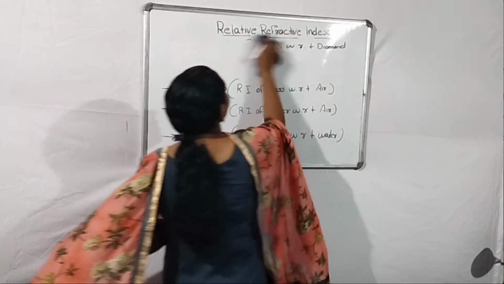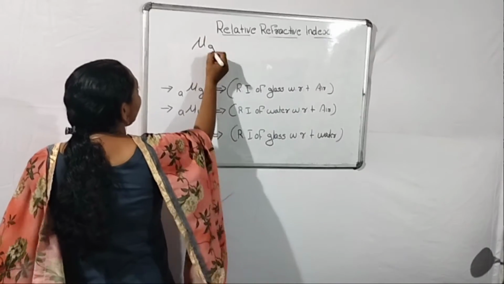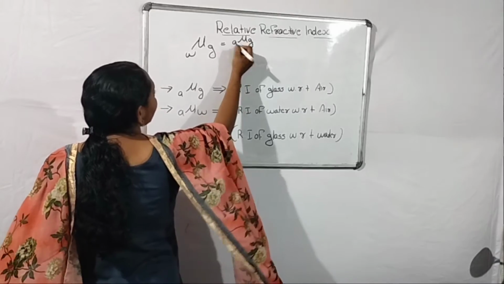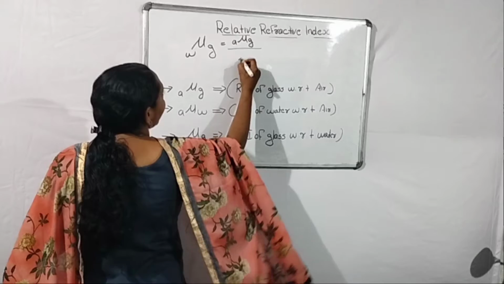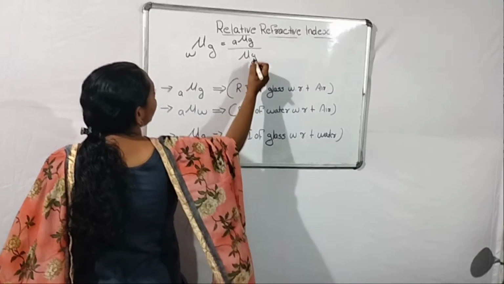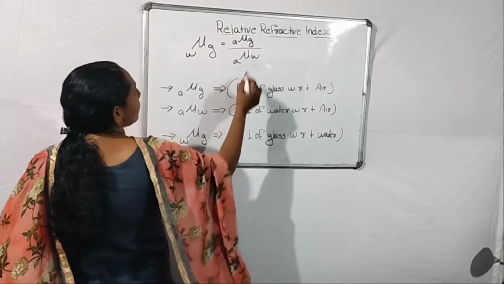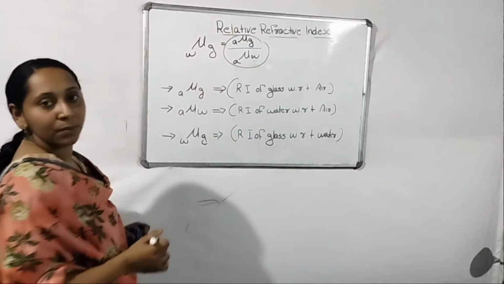How to write a relative refractive index? Listen here. This mu gw means mu ga, the refractive index of glass with respect to air, divided by the refractive index of water with respect to air. This is the expression for mu gw.